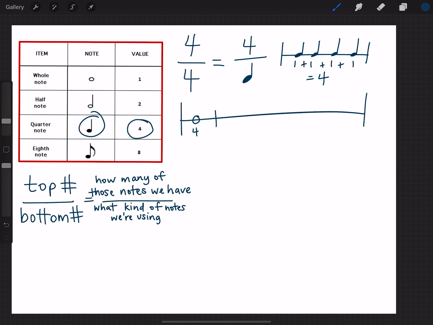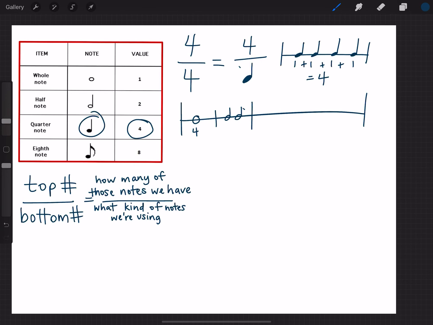Now, what if I put a half note and a half note? How many beats is a half note worth? 2 and 2. 2 plus 2 is 4. So, again, that works. Okay? So we'll put a measure there.